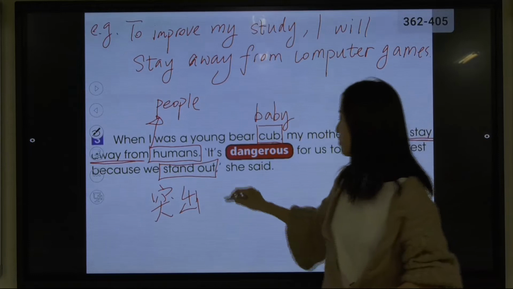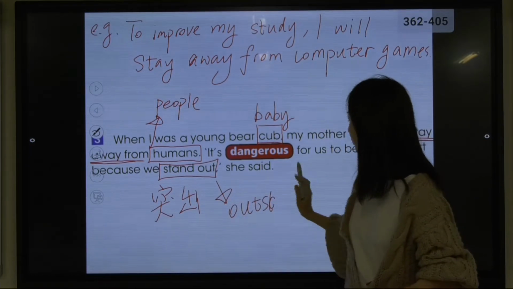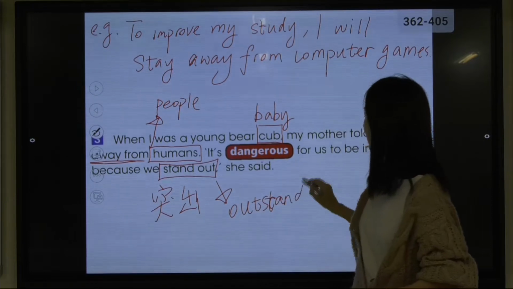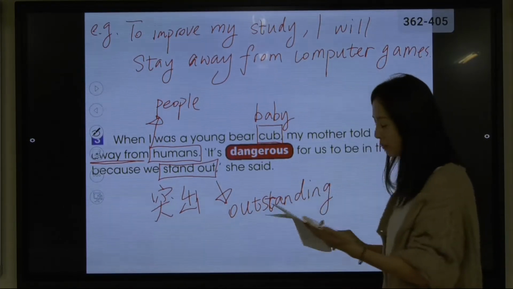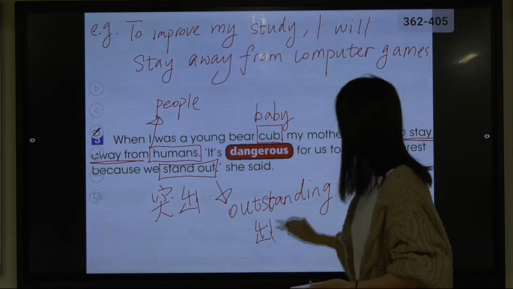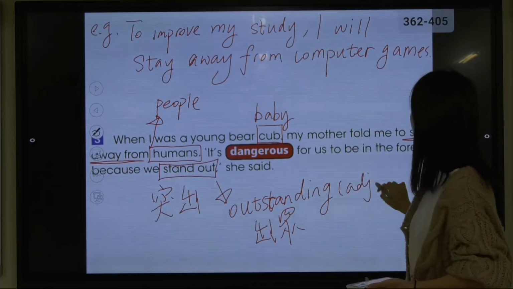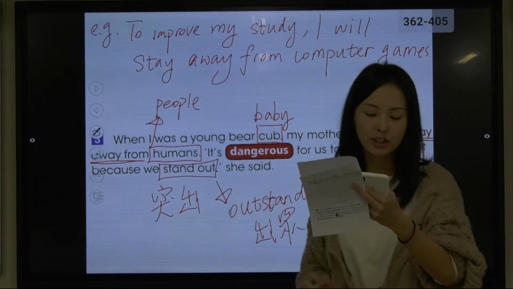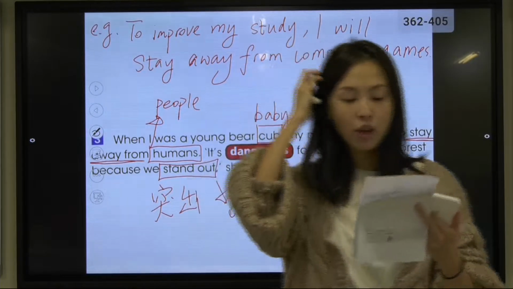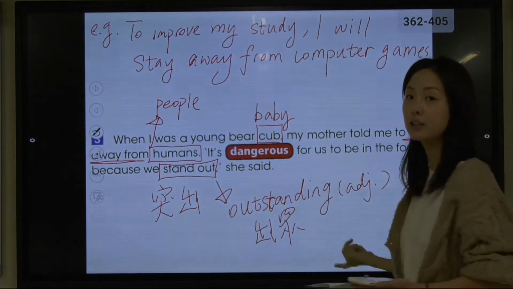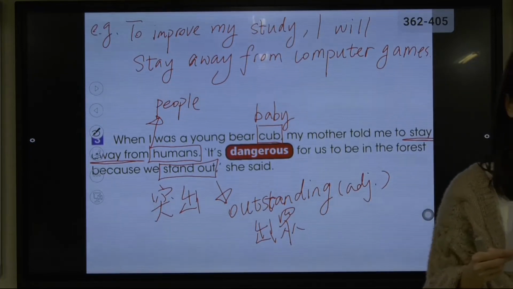Okay, I don't know if you remember a word called outstanding. Write down this adjective, outstanding. Okay? It has the similar meaning, okay, but it is an adjective. Okay, remember to take down your notes. Okay, I give you 5 seconds to write down the notes.